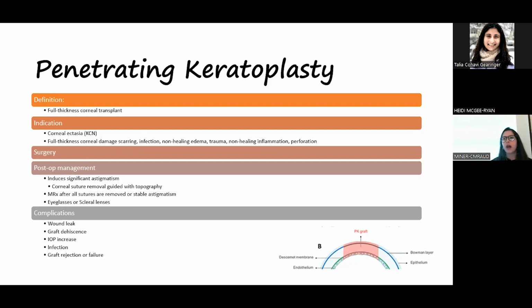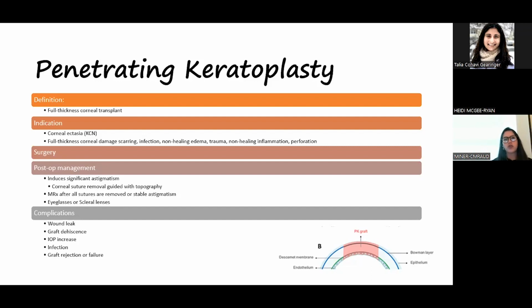So about 3 months or a little bit later, we guide ourselves with the topography, with the curvature presented by the topography, and that allows us to decide which sutures that have been placed can be removed to start rehabilitating the patient's vision. That's why you may see that the doctors ask for topography every month after a certain time following the PK: just to guide themselves to be able to remove the sutures.